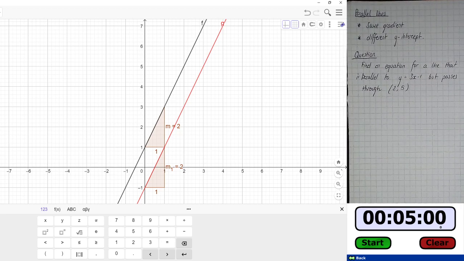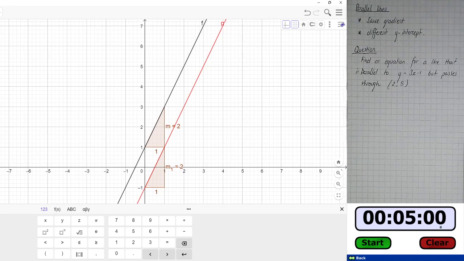That could be a perfectly reasonable problem for us to have a look at involving parallel lines. And we have to think about what we know to do with parallel lines to start off with.